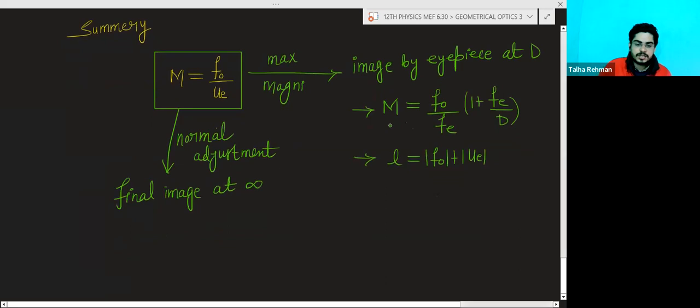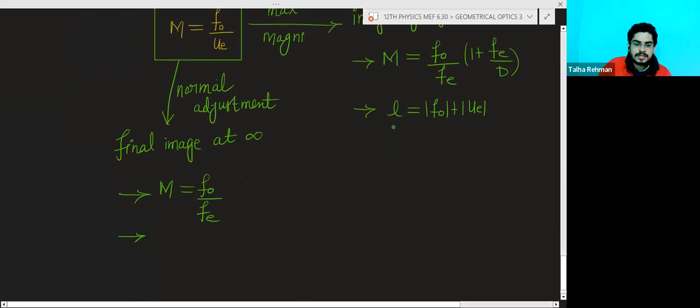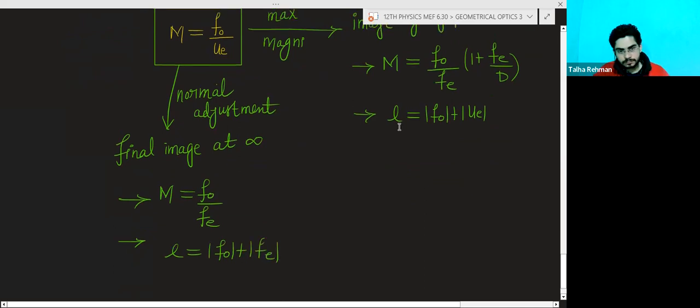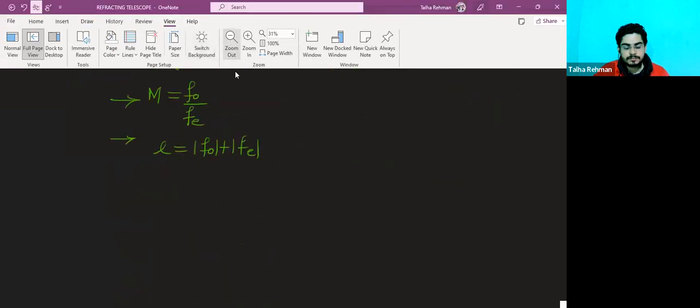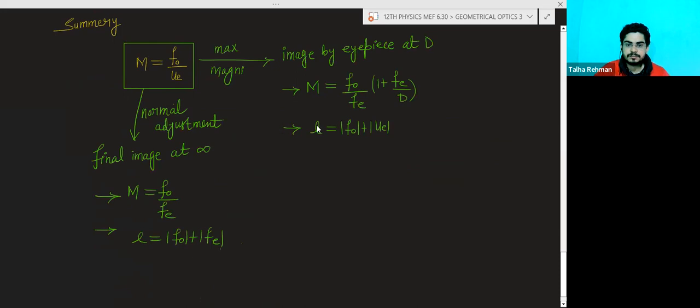And what magnification you have? FO by Fe only. And what is the length of telescope in this case? FO plus Fe. So take the screenshot of the summary. Then we will solve numerical.